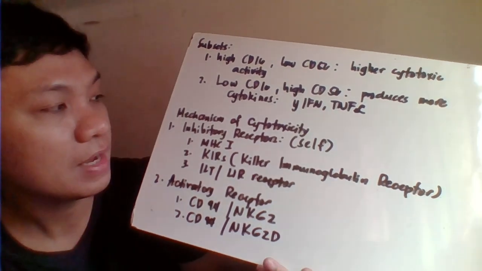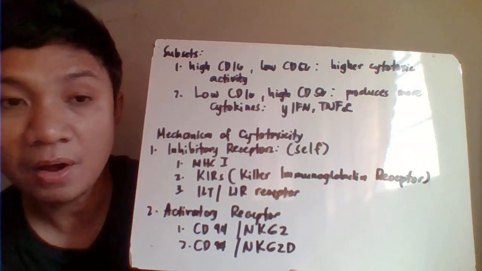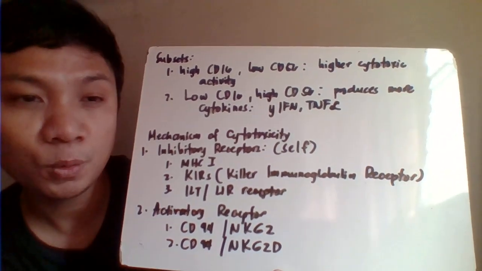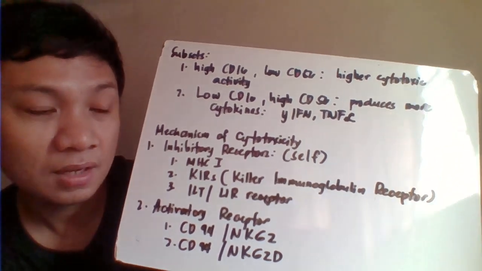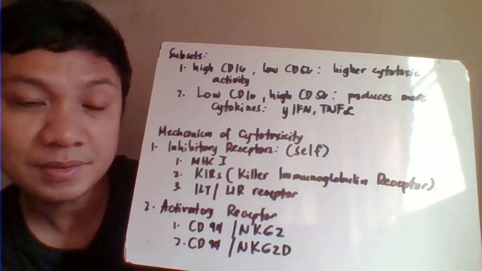Okay, then we have here the mechanism of cytotoxicity of your NK. How is your NK able to recognize which cells are going to be destroyed or not? It is highly dependent on the presence of your receptors.